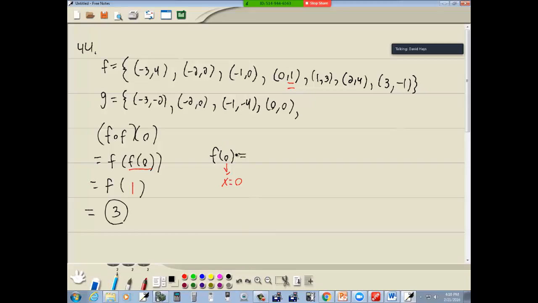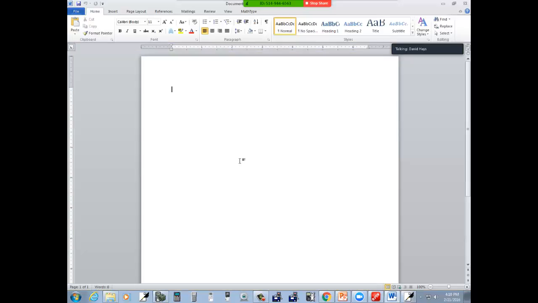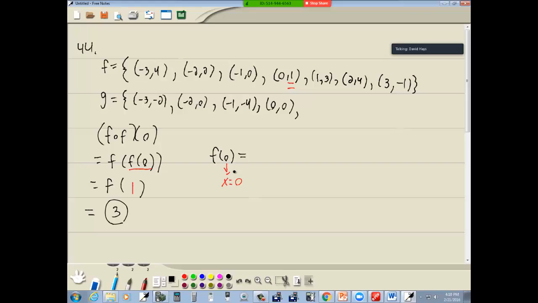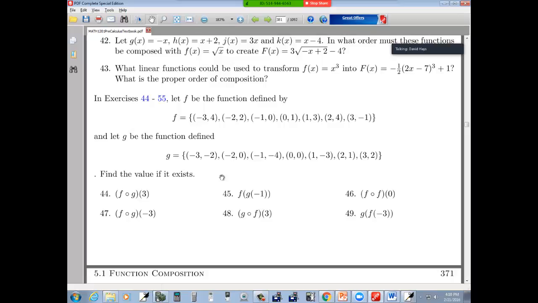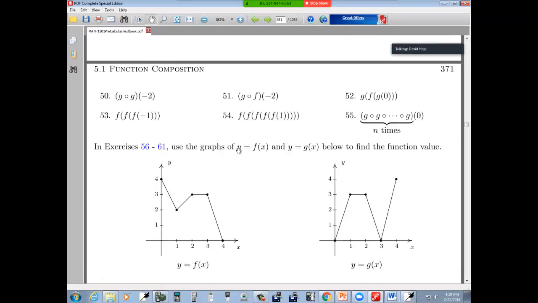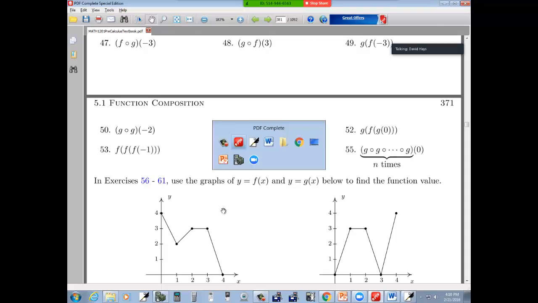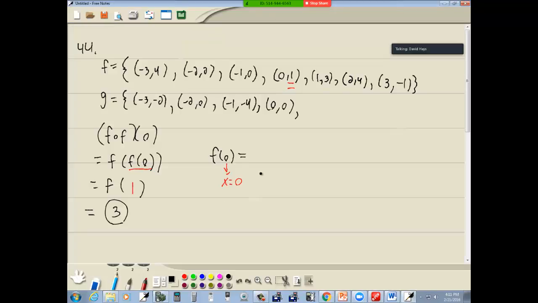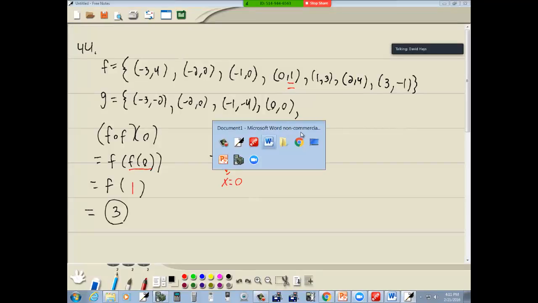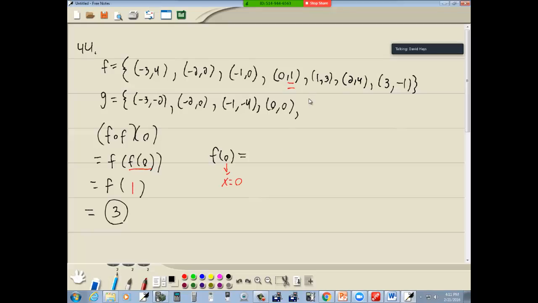What about, Professor, what about number 55, which is like g of g of g of 0 and so on? This seems interesting. Yeah, let's take a look at that. And the other points are (1, -3), (2, 1), (3, 2).